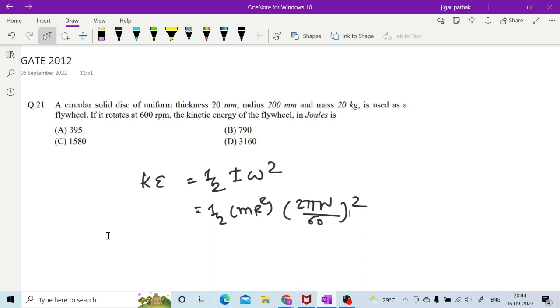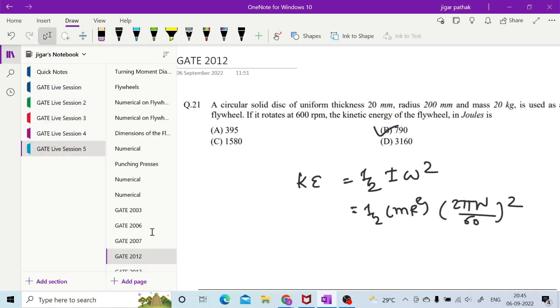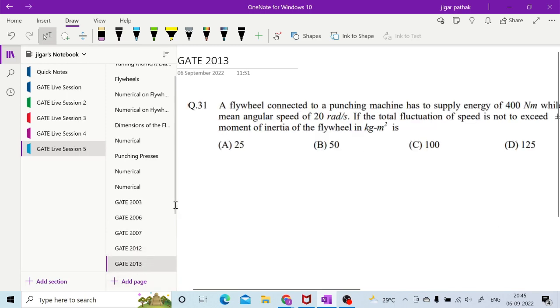Sir, B. 790 is the correct answer. Yes. So when you put all this data, you will find this one. Mass is given 20 kg, R is given, right? And N is also given. So you can have your answer as 790. Okay. Let us go to the next one.